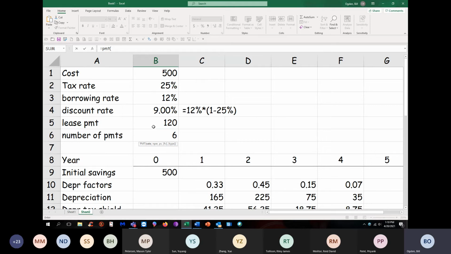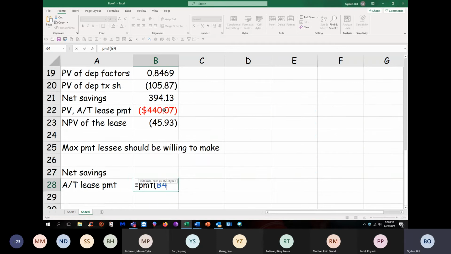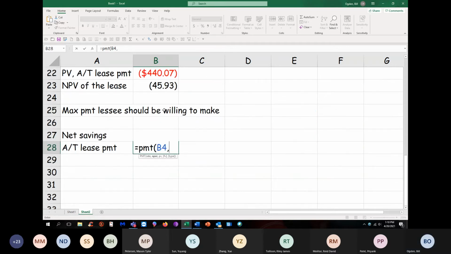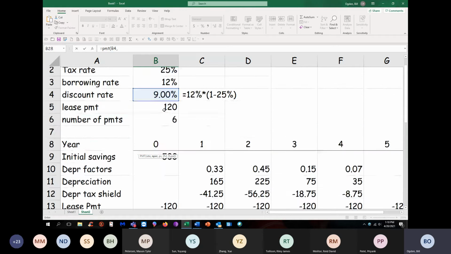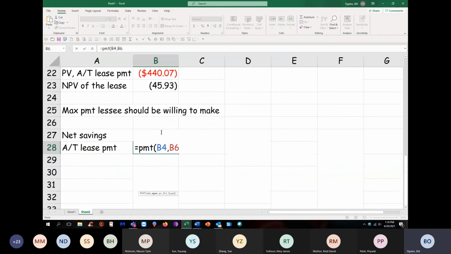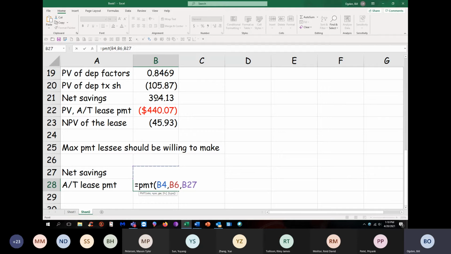The only error I'm making, if I do make an error, is I click on the wrong cell, but it should be the after-tax cost of an equivalent loan, the number of periods, that would be our N up here, that would be 6. Present value, okay, we could take it from right here if you wanted to, but it's okay. It would be the 394.13 number, and then no future value. And then we like these to be at the beginning of the period, so we'll specify the argument.